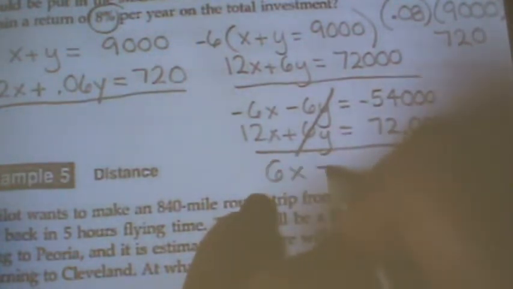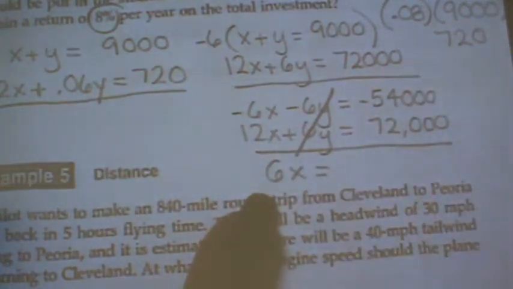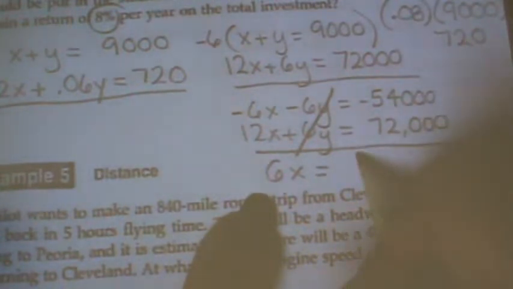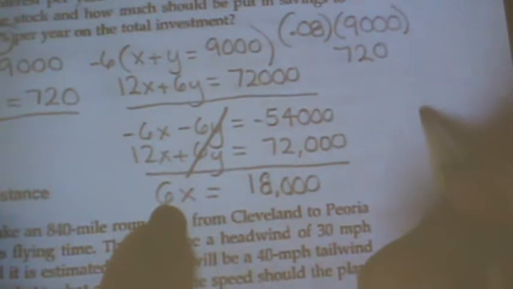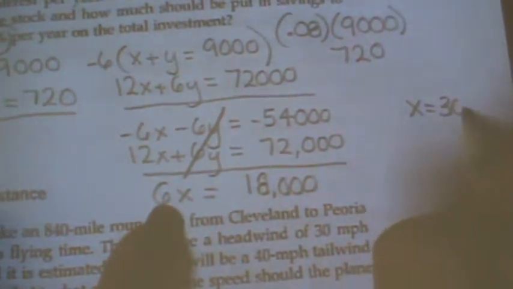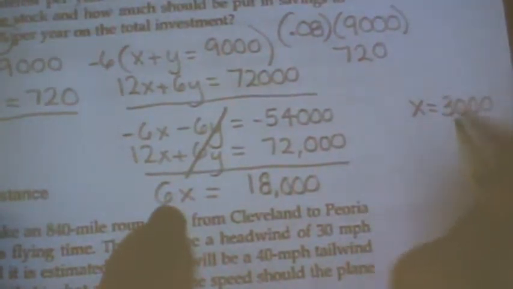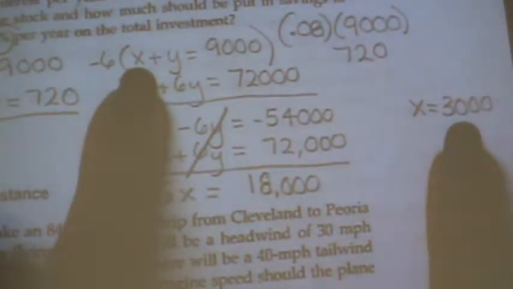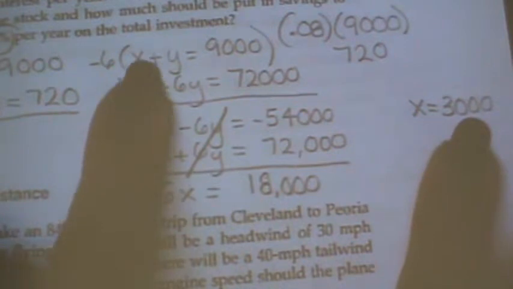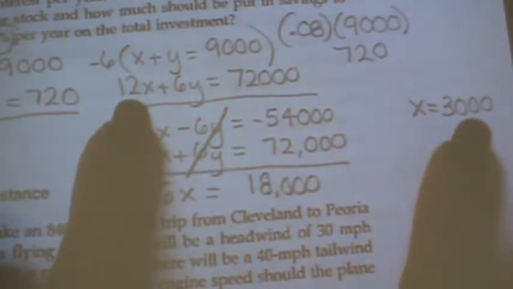So 6x is equal to what? 18,000. And what's x equal to? 3,000. How do you interpret this answer? You're going to put $3,000 in the account that earns 12%.